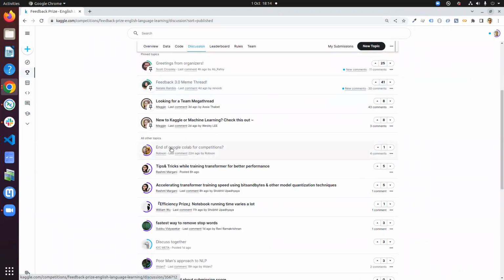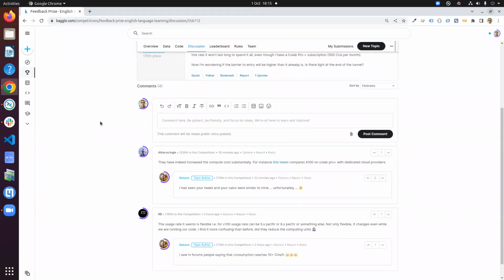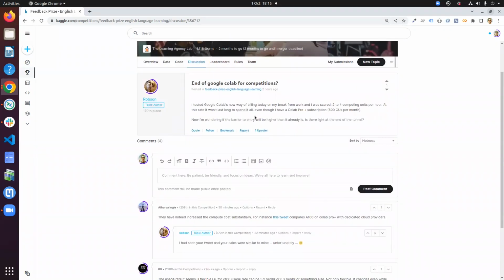You have to pay more money to get premium. It's saying you get 2 to 4 computing units per hour. Have they changed it now, whereas I'm being billed every hour or something as opposed to monthly?